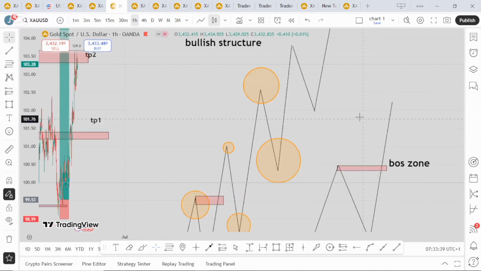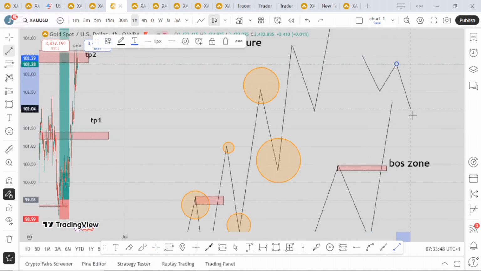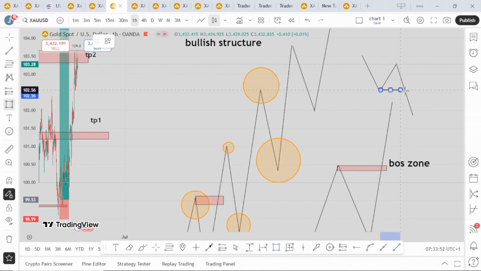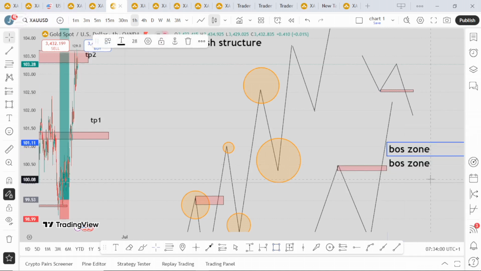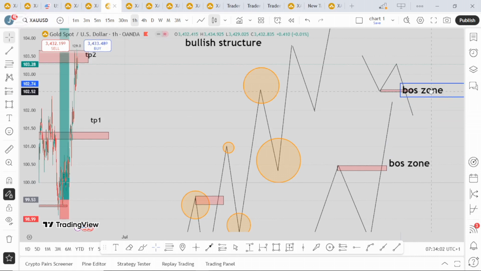The same thing applies to the bearish side also. You see when price is going here, it went up again. Now this zone over here is also a break of structure zone.